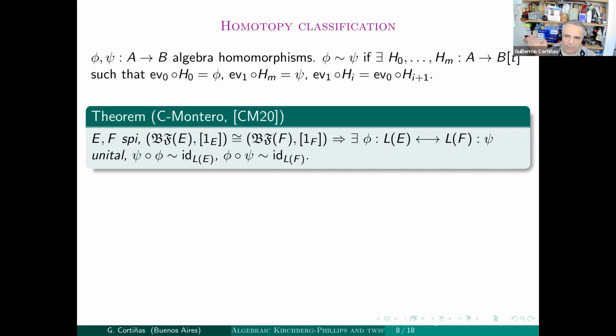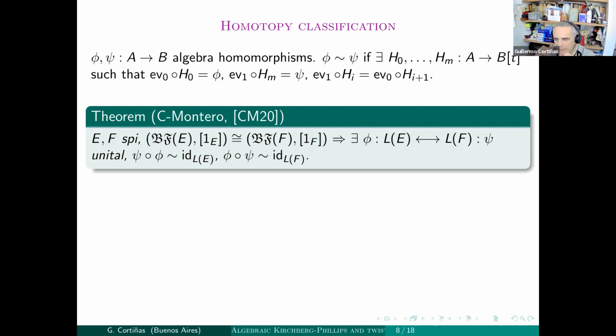It should be said that both in the case of the Kirchberg-Phillips theorem and the case of the Kunz-Rordan theorem, they first show an equivalence like this in the C-star algebraic setting, and then they show that if one has a homotopy equivalence, then using some analytic trick, you can get an actual isomorphism.